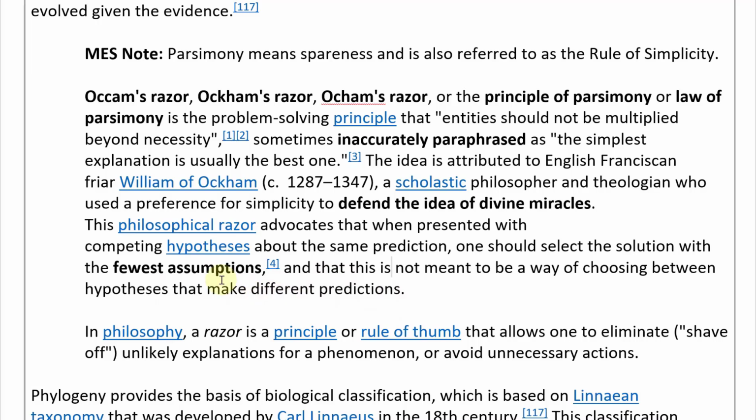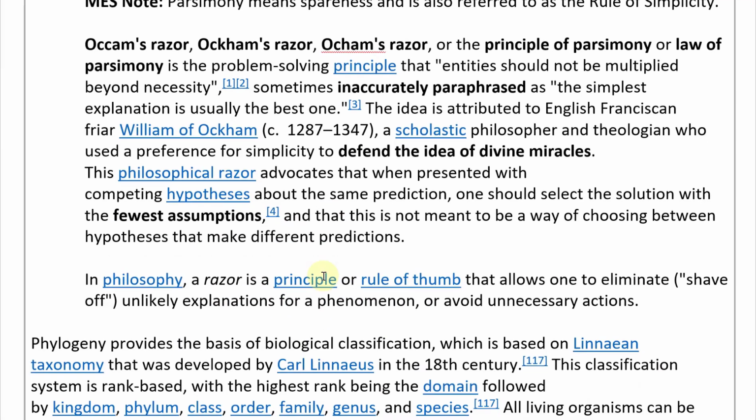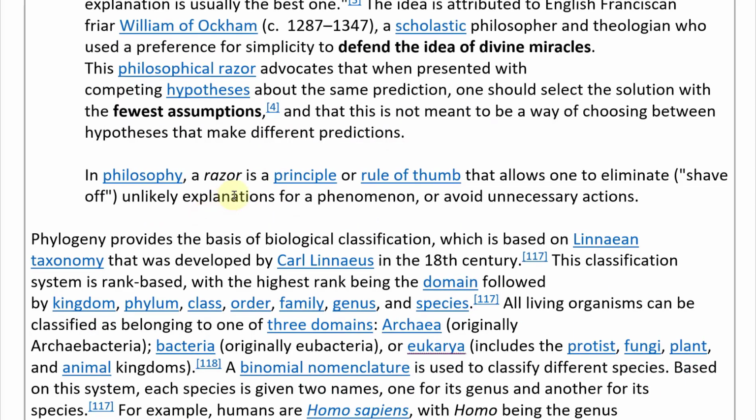Remember, you can have many different theories for the reasoning behind any specific endpoint, but you have to try to validate which one is correct. One method is Occam's razor, basically the one with fewer assumptions. In philosophy, a razor is a principle or rule of thumb that allows one to eliminate or shave off unlikely explanations for a phenomenon or unnecessary actions.